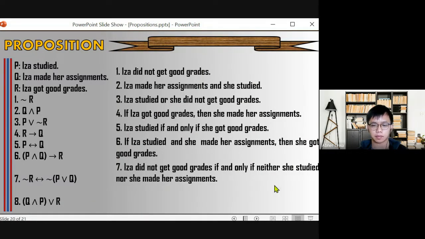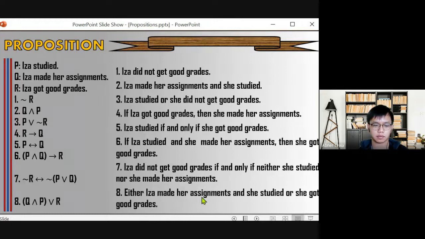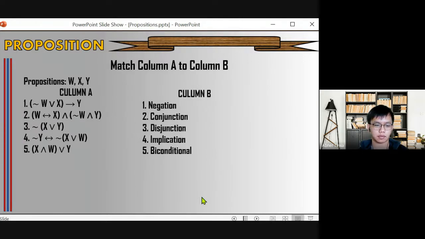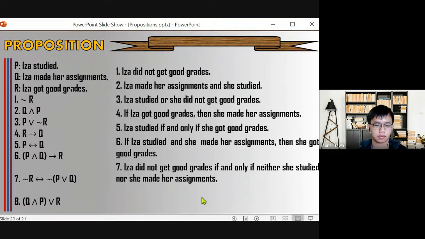Anyone? What is our answer in number 8? We can also use groupings.